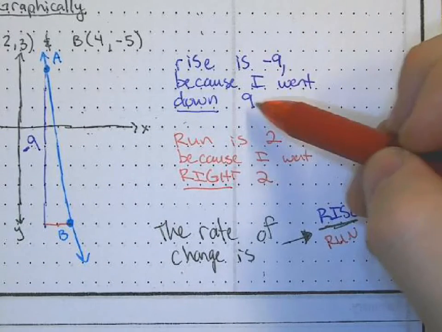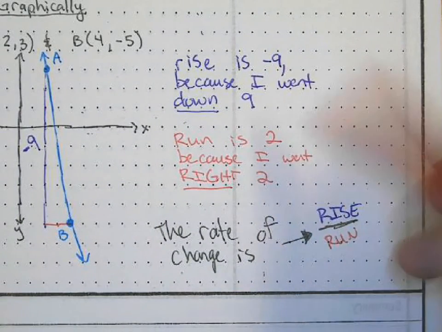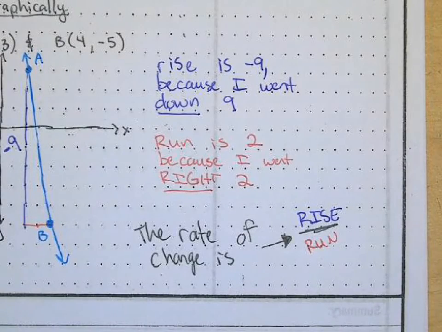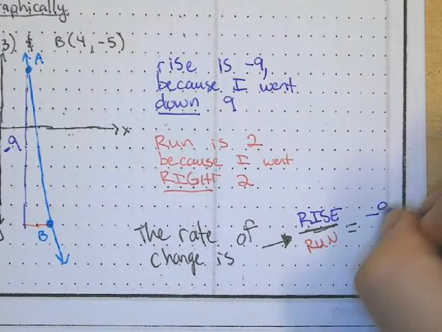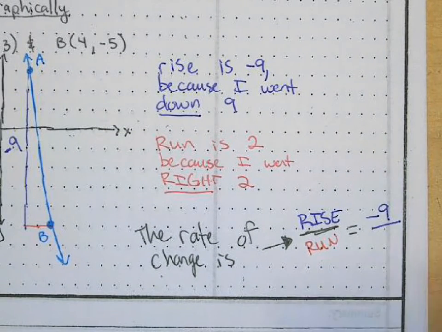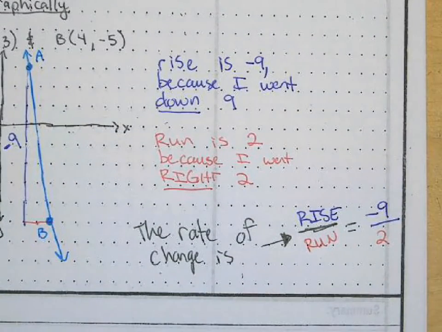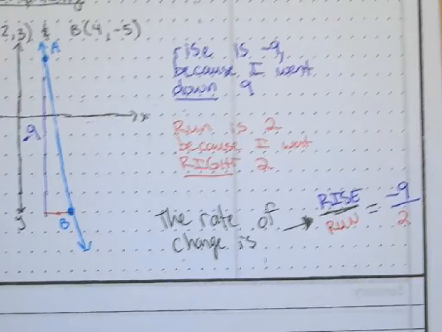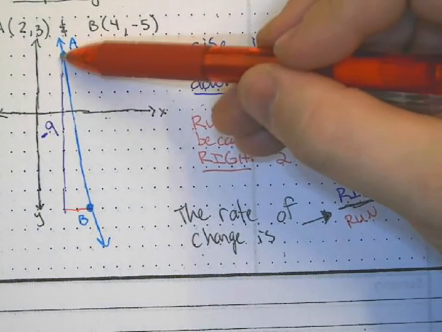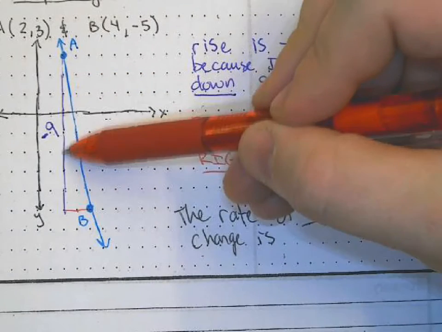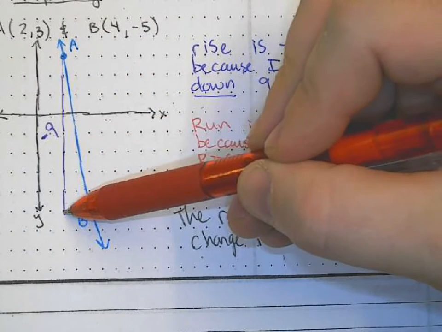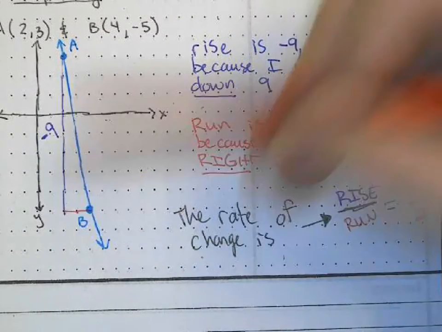So that's going to be my change in y's over my change in x's. So for this particular problem, it's going to equal negative 9 over 2. But all we have to do is count to do that. So I just counted. I went down 9. 1, 2, 3, 4, 5, 6, 7, 8. Is that 8? Oh, that was 8.